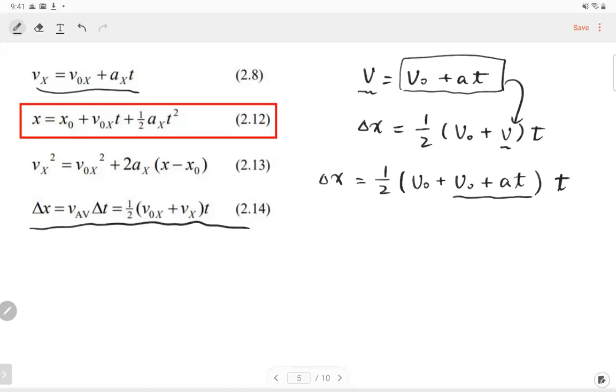And let's do the simplification. We have 1/2 (2V0 plus AT) times t. Then this is equivalent to delta x equals V0 times t plus 1/2 A t squared.